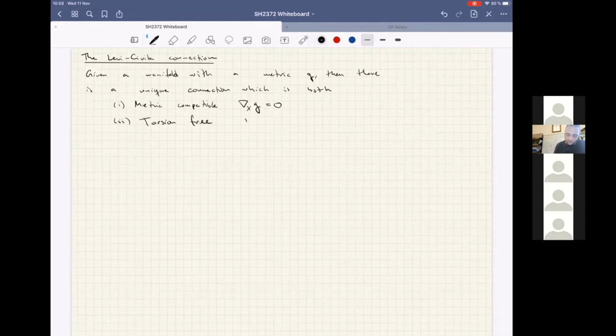That means that T^A_BC, which was Gamma^A_BC minus Gamma^A_CB, should be equal to 0. If you require both that it's torsion free and that it is metric compatible, there is only one single connection that satisfies this, and it's called the Levi-Civita connection.